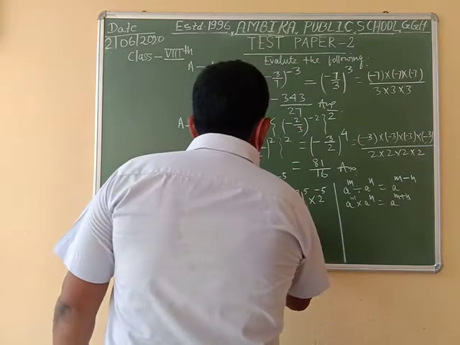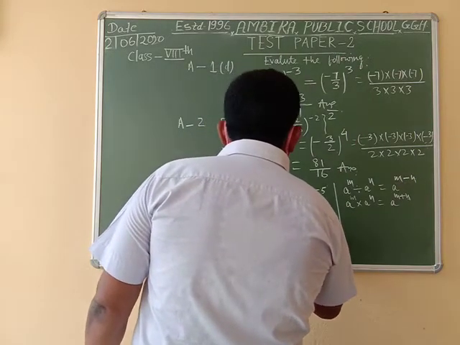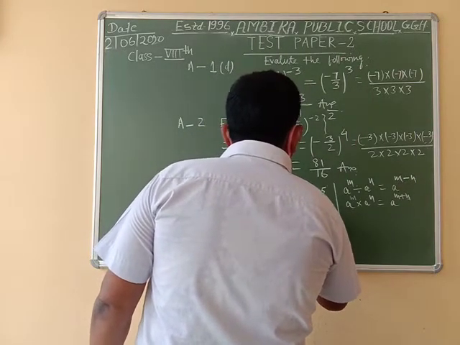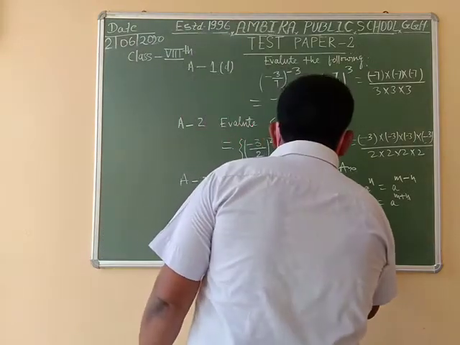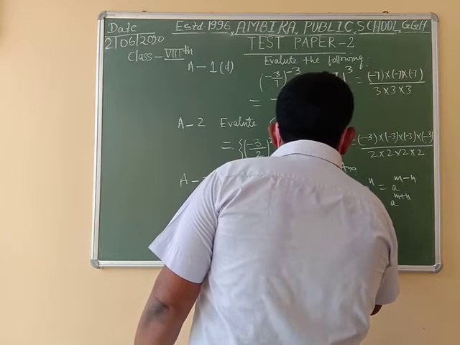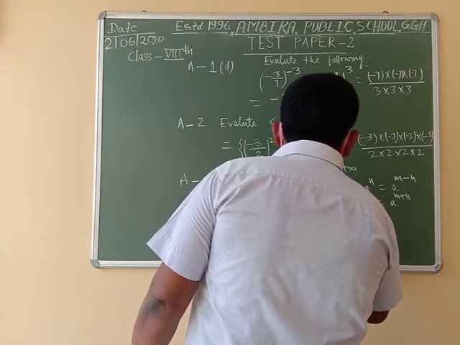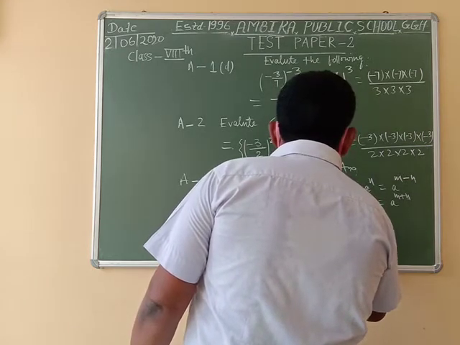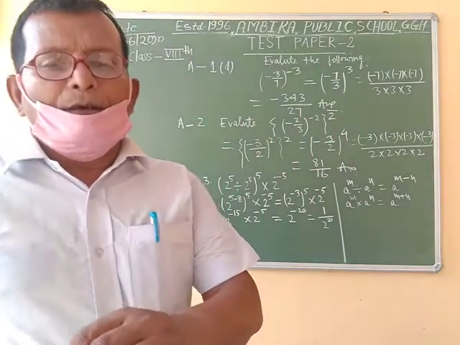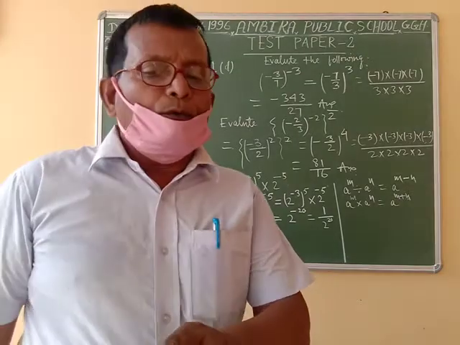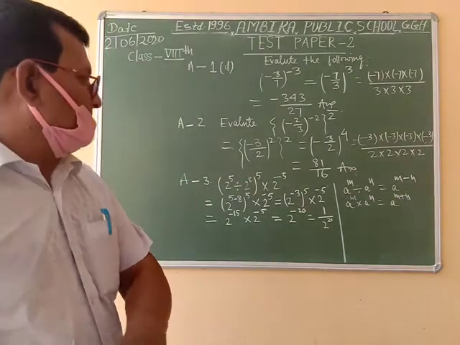So we can write for this 2 to the power minus 20. Now splitting the negative sign, we can write 1 by 2 to the power 20. The answer of this question will be 1 by 2 to the power 20.